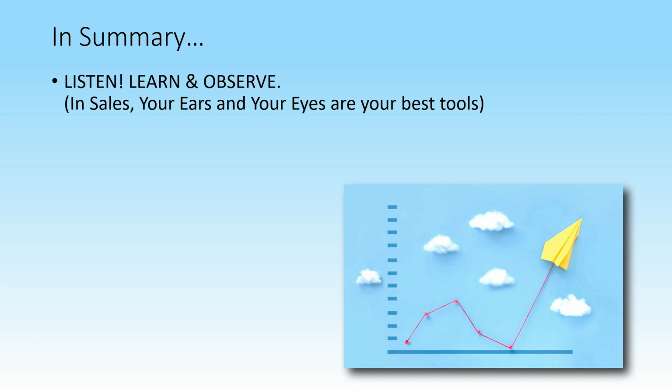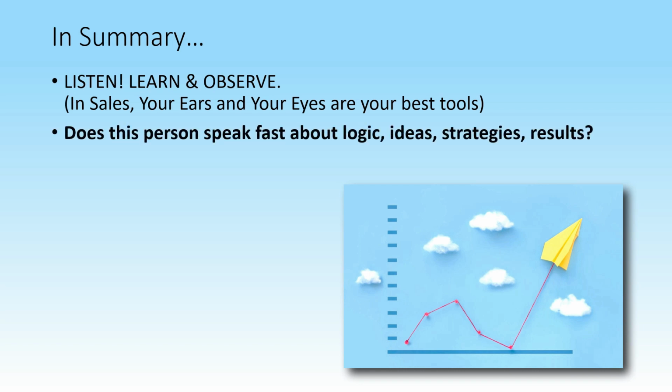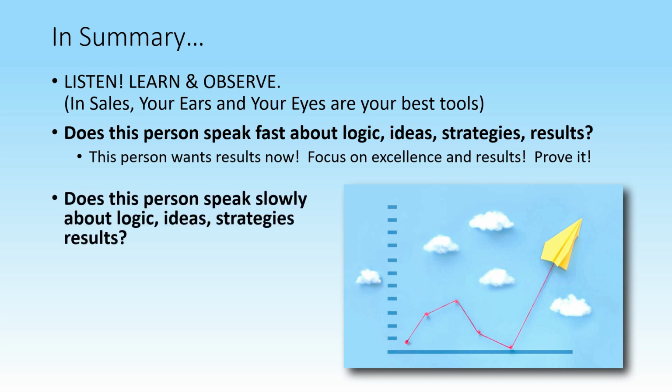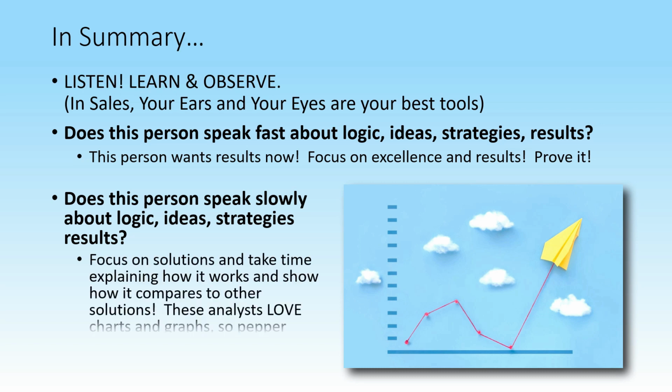Then decide which type of person you are talking to. Does this person speak fast about logic, ideas, strategies and results? This person wants results now. Focus on excellence and results. Prove it. Does this person speak slowly about logic, ideas, strategies and results? Focus on solutions and take time explaining how it works and show how it compares to other solutions.